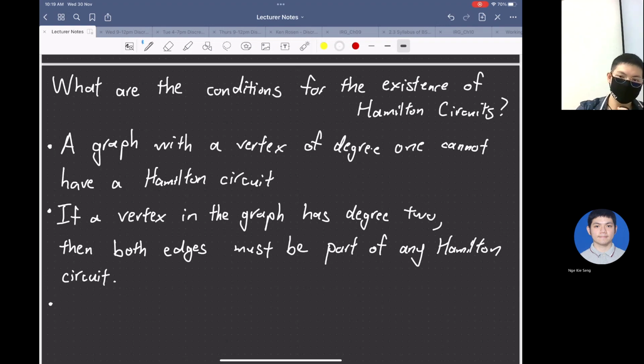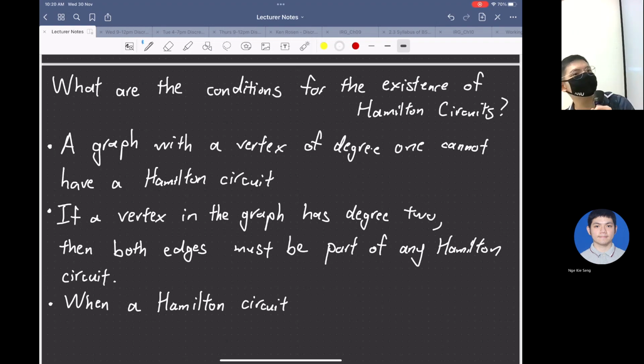So the next one is, because in a Hamilton circuit you only pass through every vertex once, let's say your vertex has a higher degree. The rest of the edges, you don't need to consider.